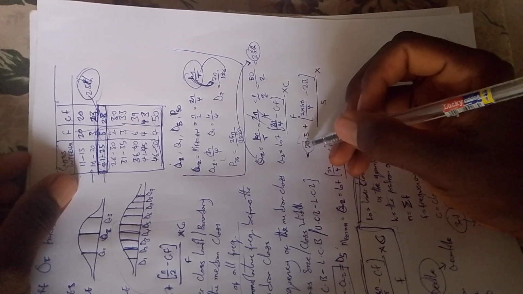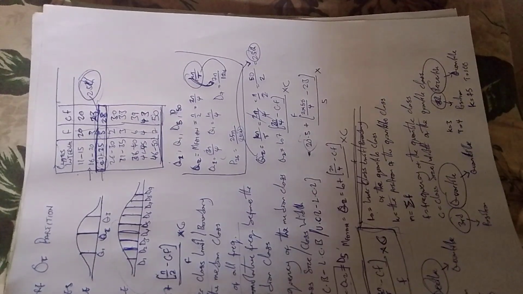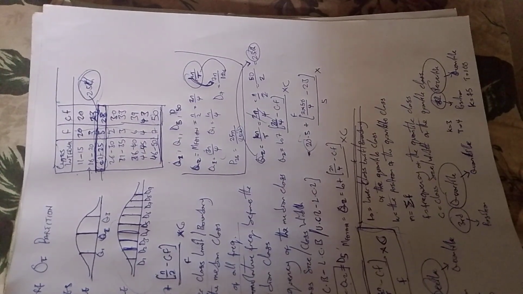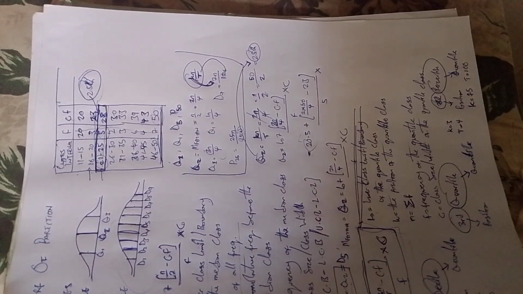Now, you know that for L0 here, I used the lower class boundary. So my C, which is my class size or class width, will be the difference between the upper class boundary and the lower class boundary of the second quartile class, because now I'm talking about the second quartile class. That is why you hear me saying second quartile class repeatedly.